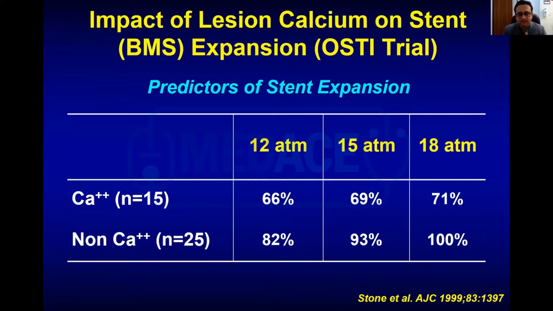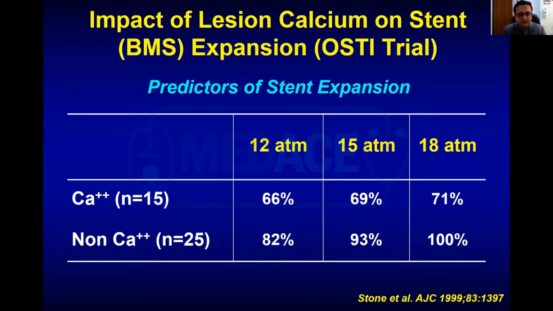So this is a paper from Greg Stone et al., published in American Journal of Cardiology in '99, where they showed that if you have a significant degree of calcium at the regular stent expansion pressures, where most of us would use 12 to 14 atmospheres, you only achieve adequate stent expansion in about 66% of these patients.